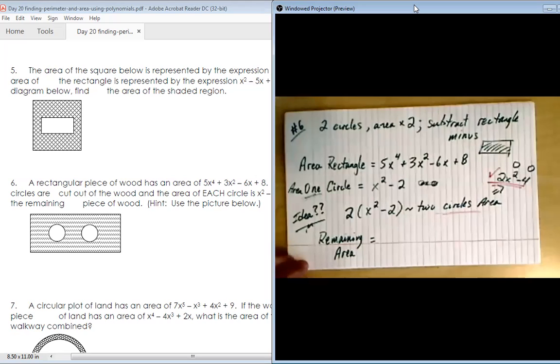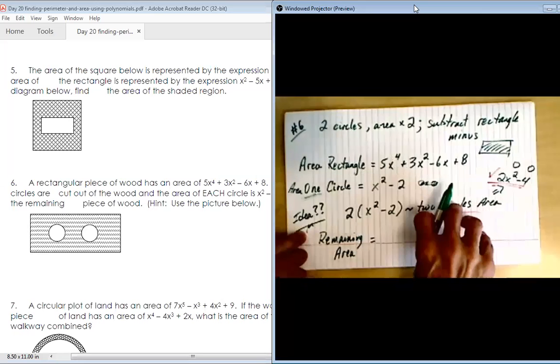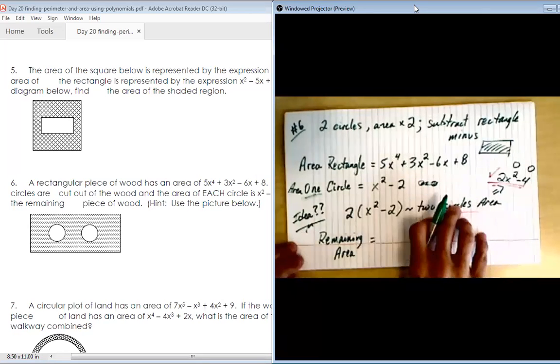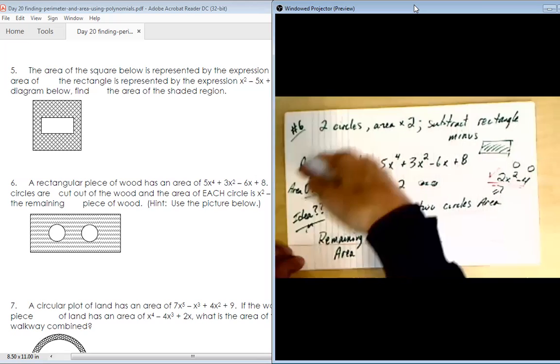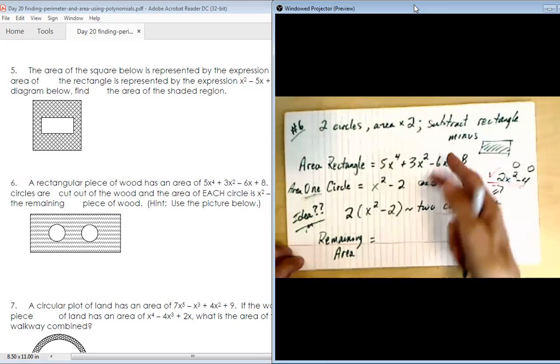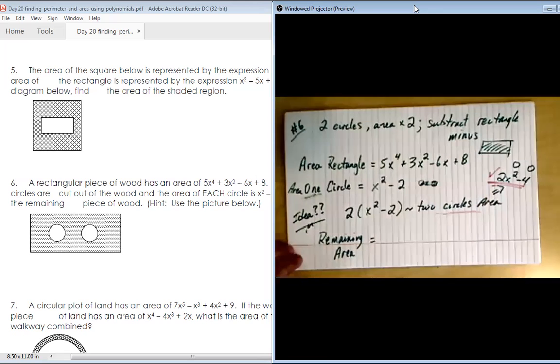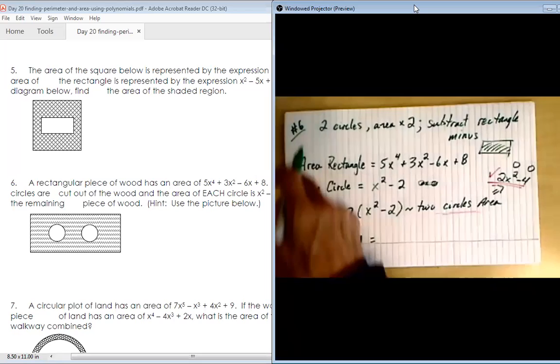No. Imagine that this sheet was actually the rectangle. And then two circles are gone, right? You cut them out. So what would be the math idea to show that? Yeah, minus, exactly. You have the full area.